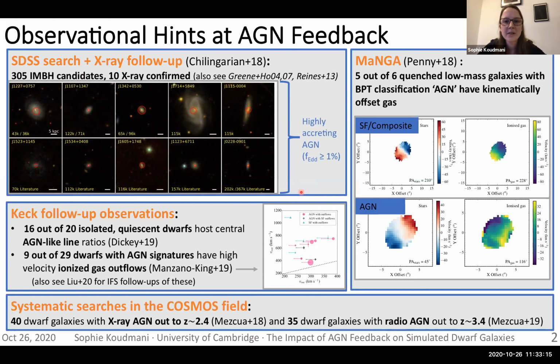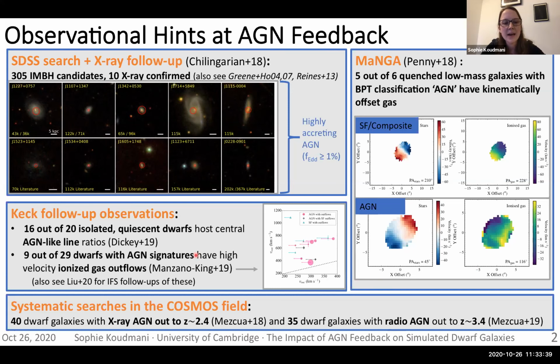And there's also been concrete evidence for actual AGN feedback in dwarf galaxies. For example, the MaNGA survey found that quiescent dwarf galaxies with AGN signatures are also associated with kinematically offset ionized gas, which you can see here in the picture down here. And they interpret this as a sign of AGN-driven outflows.